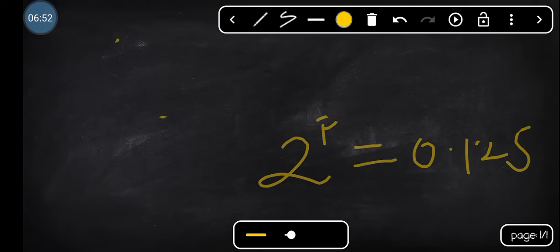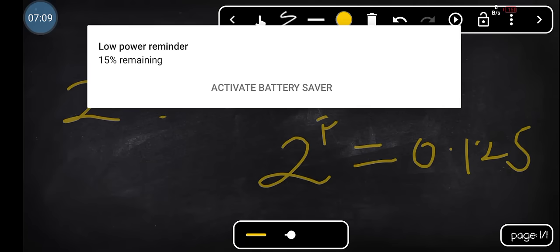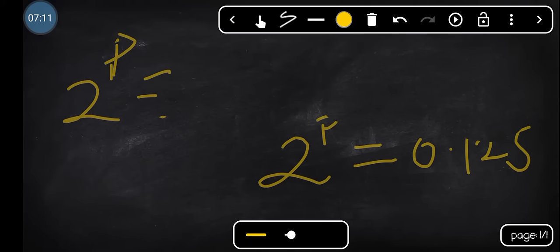If we solve this, we change 0.125 to a fraction. 2 raised to power p equals 125 over 1000, since we shift the point to the right 3 times.